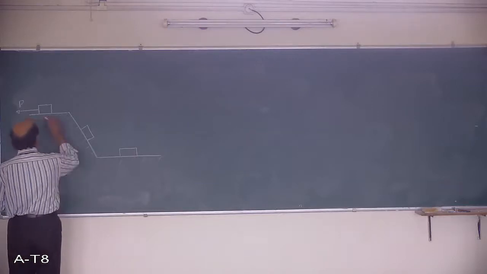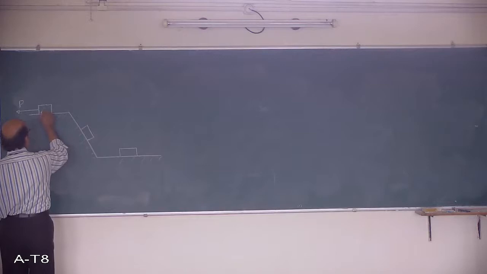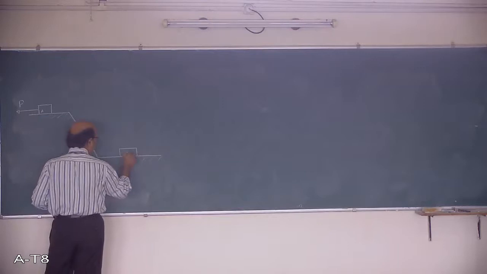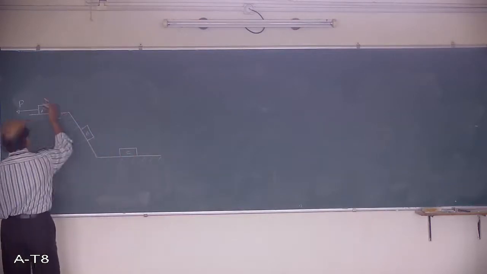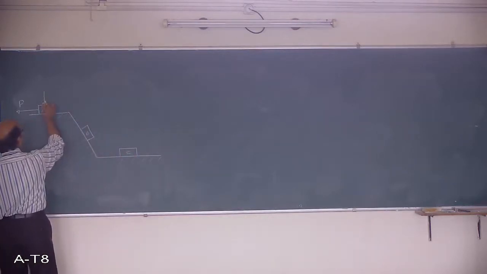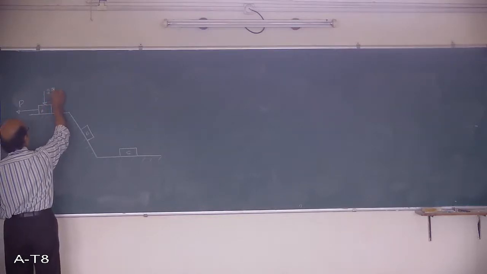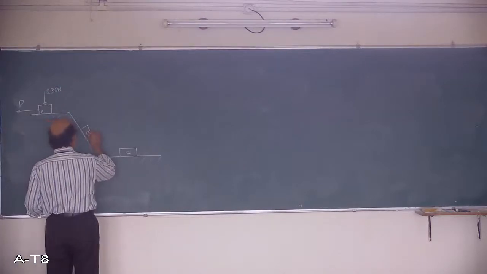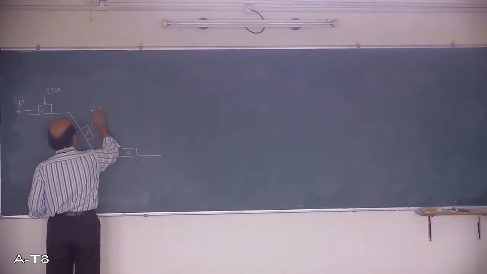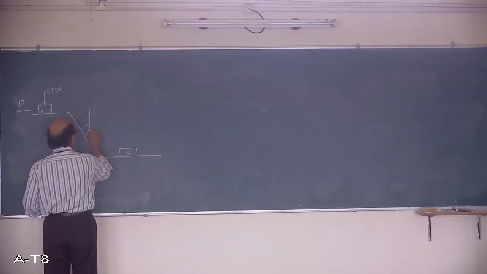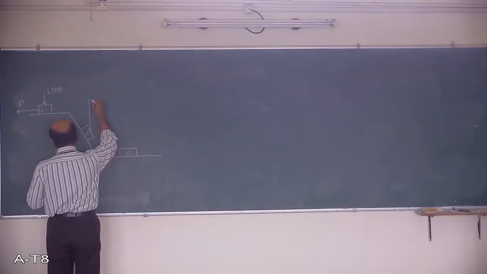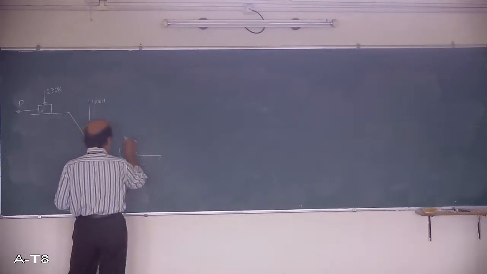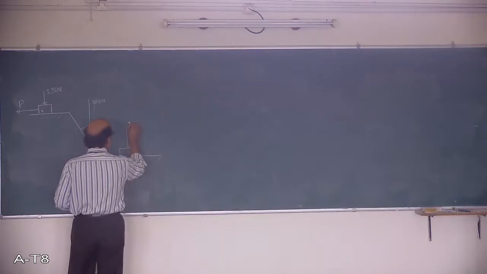For my notation, I can call them block A, block B, block C. The weight of this block is 250 Newton, the weight of this block is 1000 Newton acting downwards, and the weight of this block is 500 Newton.